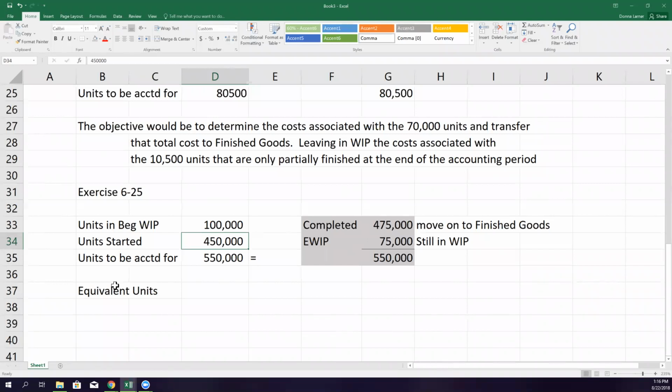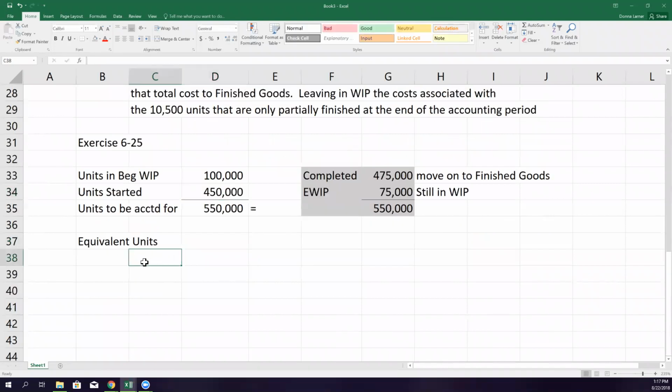So if we work our way through that, we can say that the beginning inventory, let's just back up a little bit from this. Equivalent units says that we didn't spend the same amount of time on each of these, but we're going to try to make it equal.